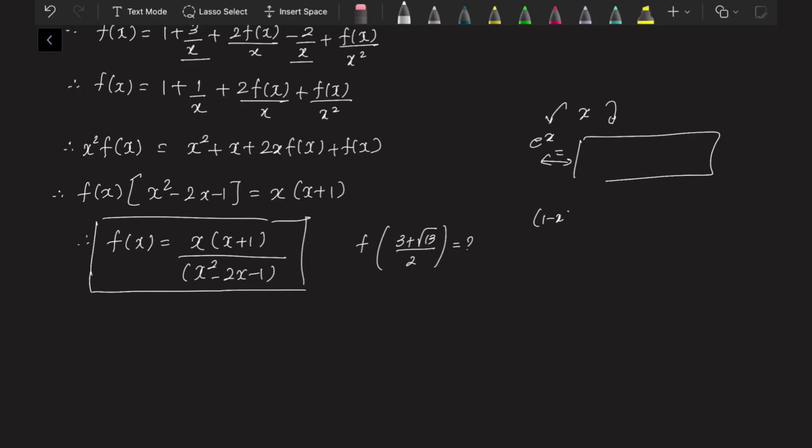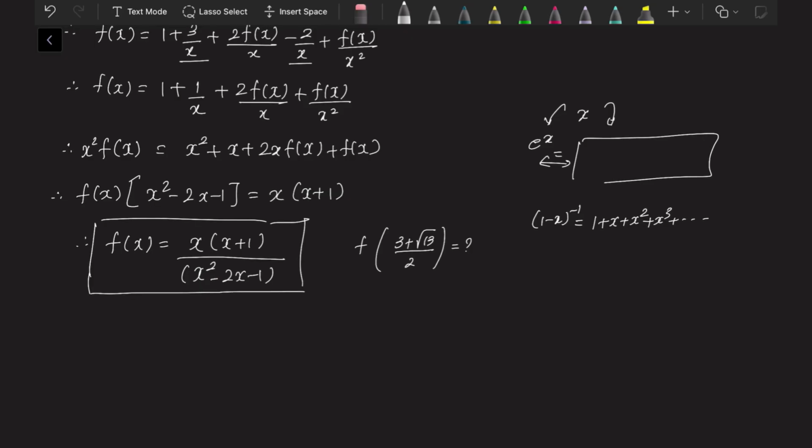But recall the expansion of 1 minus x to the power minus 1. It says 1 plus x plus x square plus x cube and so on. This is the expansion of this particular pattern, which is the summation of x raised to n, with n varying from 0 to infinity. Using the ratio test or the root test, it can be figured out that the radius of convergence is 1.